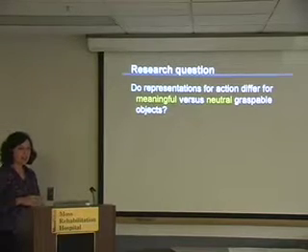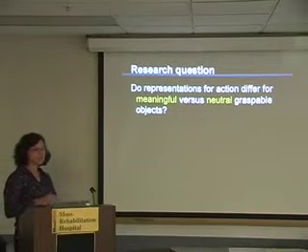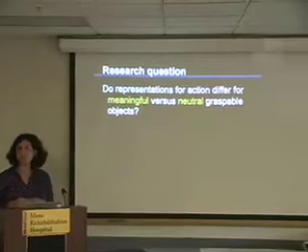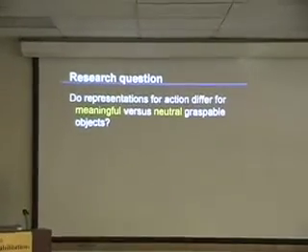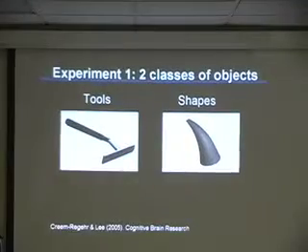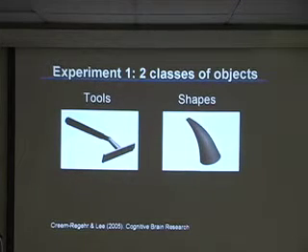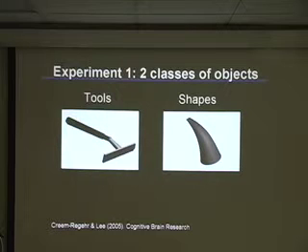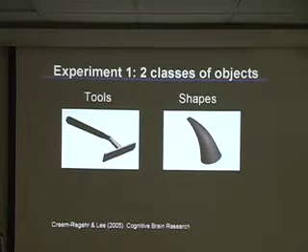So in this study, we asked, do representations for action differ for meaningful versus neutral graspable objects? And to address this question, we created two classes of stimuli. These are 3D models of objects that were presented to the observers while they were in the scanner.